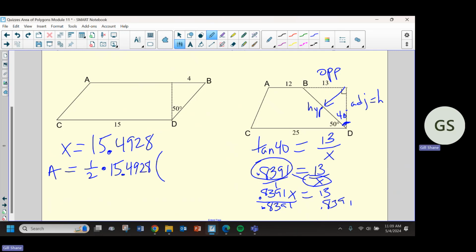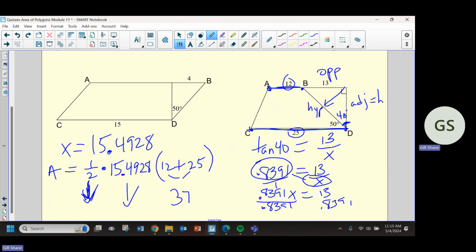And then base 1 plus base 2. So again, bases go from a letter to a letter. That's a base. From this letter to this letter. And this is actually pretty easy. There's only one number in both of them. So that base plus that base. And that's your formula. So add those together. 37 times the 15.4928.